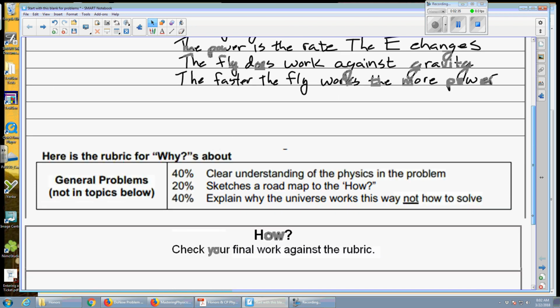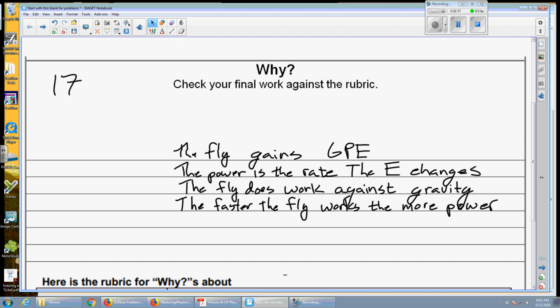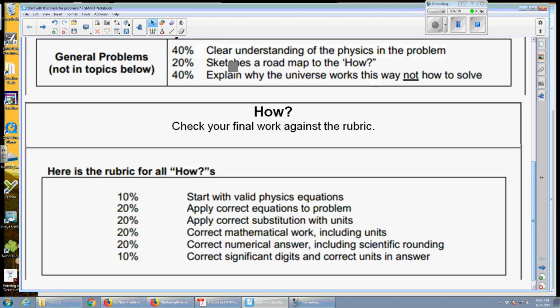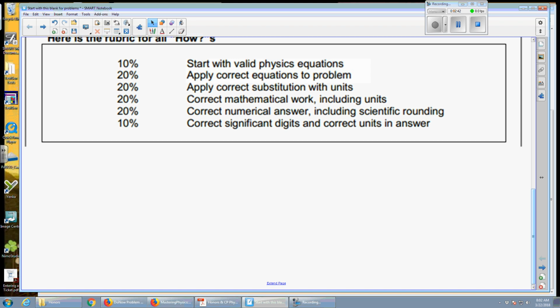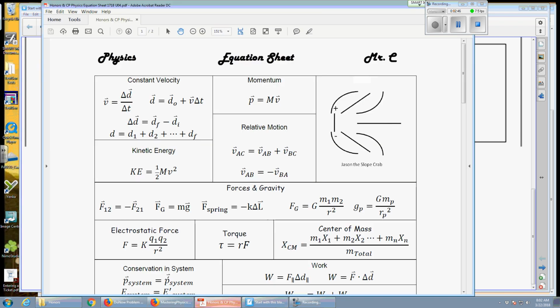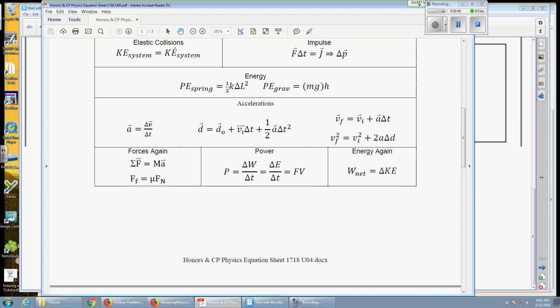So I'm going to jump to my equation sheet, and I know that this one's about power. I'm going to go down to the bottom, and I have this big long equation about power. I'm going to pick the form that talks about a force and the speed that something moves at.